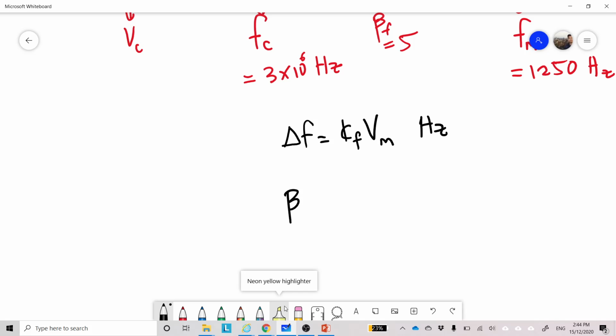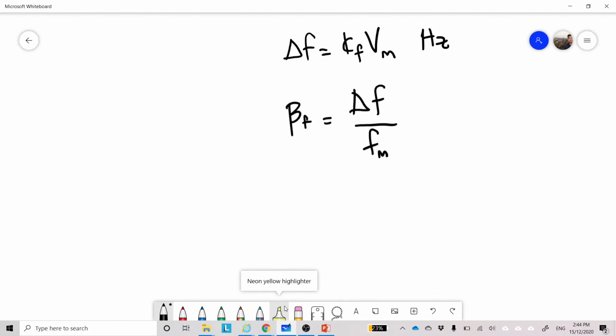So remember that beta F is equal to delta F divide with Fm. So therefore, if you want to find delta F, delta F is equal to beta F multiplied with Fm.